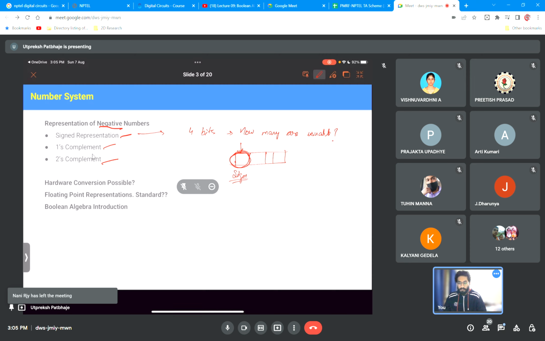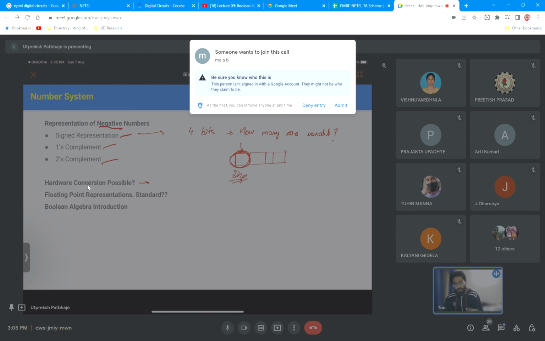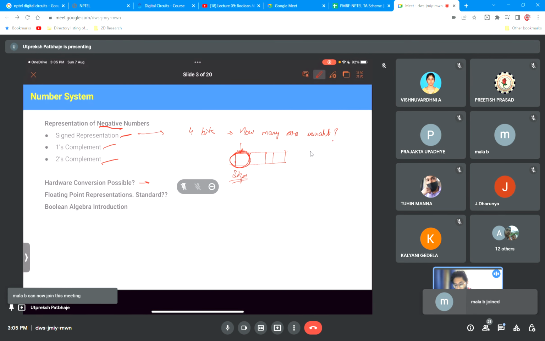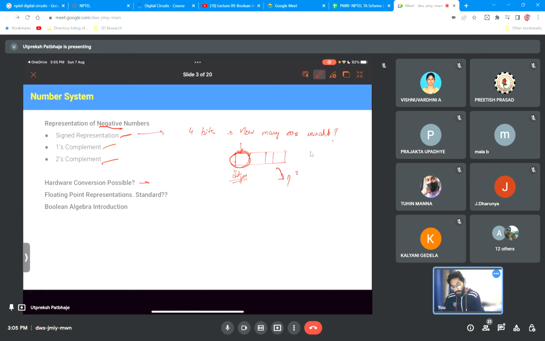Since you guys are now aware of gates and what kind of gates we have, conversion is possible. Can you tell me in the chat box which gate we can use to convert a positive binary number, suppose we have these 4 bits, directly to its one's complement form?